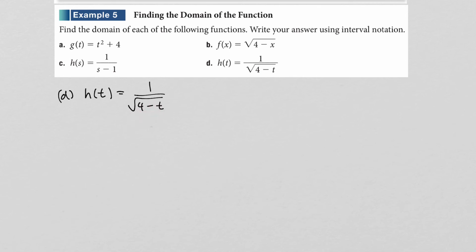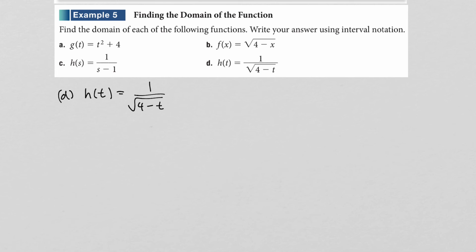We have two things happening here. Number one, we cannot plug a negative into a square root, so t has to be a number that doesn't give us a negative in here. And number two, this number inside the square root also cannot be 0, because if it's 0, the square root of 0 is also 0, and then we will be dividing by 0.